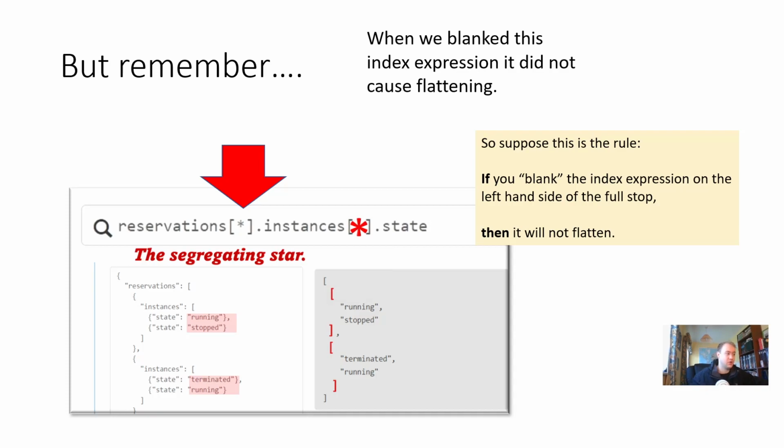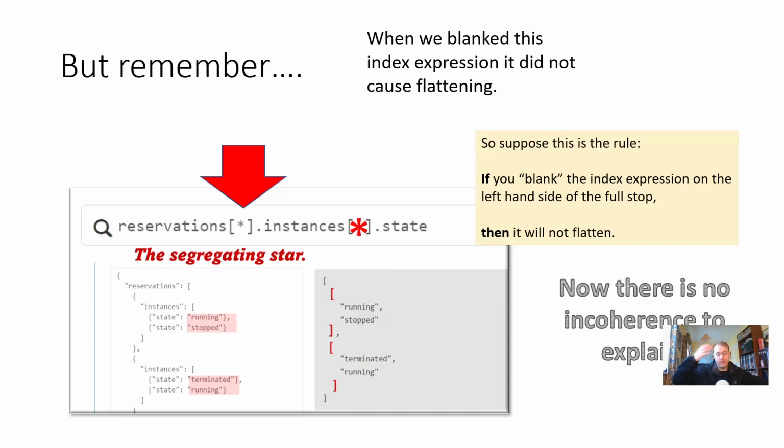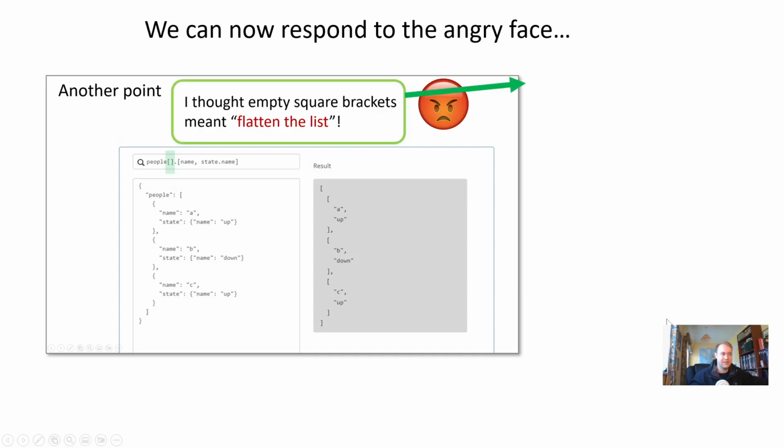We removed that asterisk on the left-hand side of this full stop, and it didn't flatten. And so now the angry man doesn't need to be worried, because it's not true that blanked out square brackets cause flattening, because here we had empty square brackets and that didn't cause flattening. So you could say to the angry man, no, not on the left hand side of the full stop.